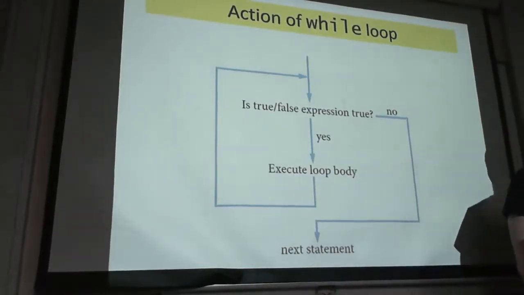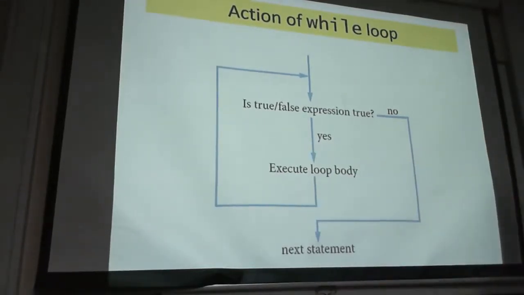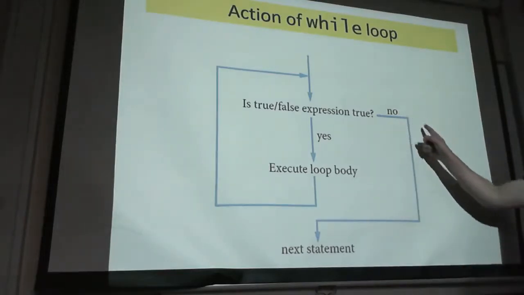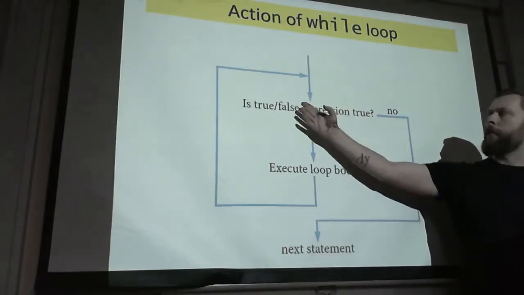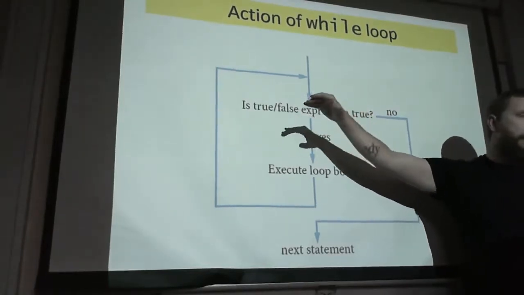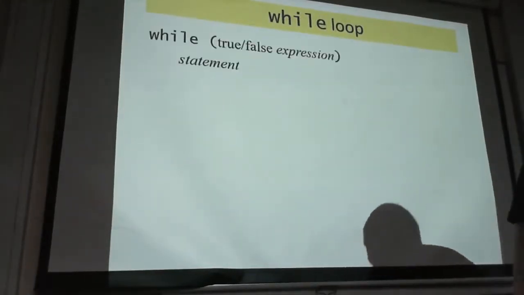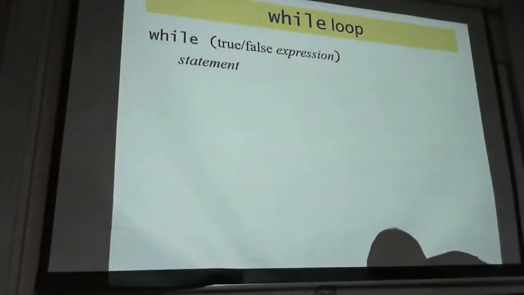Your loop body is going to change the values in your program, or have the possibility of changing the values in your program. And that's what's going to move you toward the exit condition. We will assume, for most problems, that when you come across the loop the first time, when you get to the piece of code that says while, it probably could be true for the very first time.